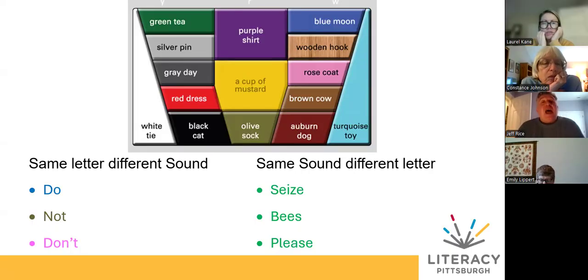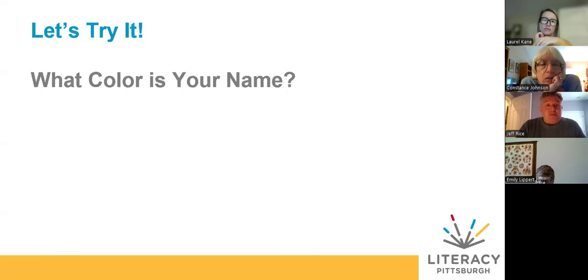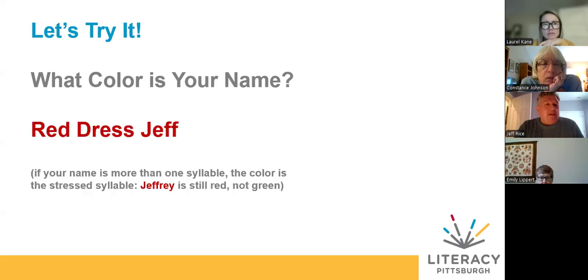Okay, so having these color categories to refer to can help you clarify in your mind what vowel sound you're hearing and also help your students. So let's try it. What color is your name? Again, you can put it in the chat or just speak it out. For example, my name, Jeff, would be red dress Jeff.